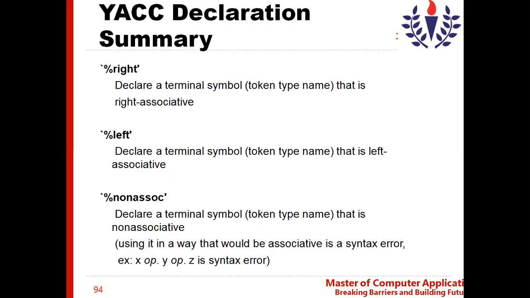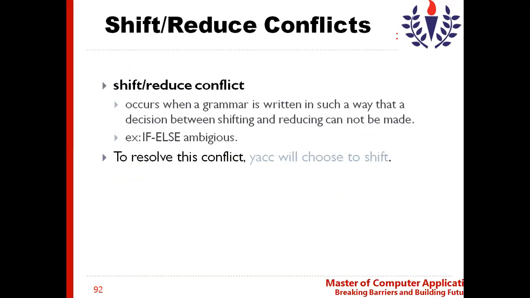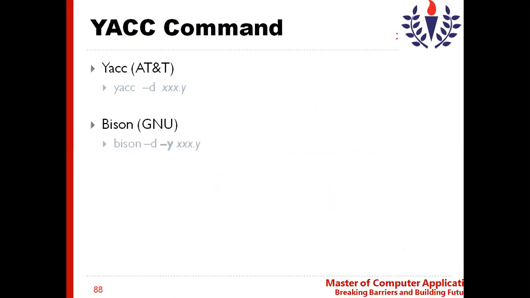So these are some of the Yacc definitions which need to be used in the Yacc program. When you are using the Yacc commands, the Yacc tools come in different versions.